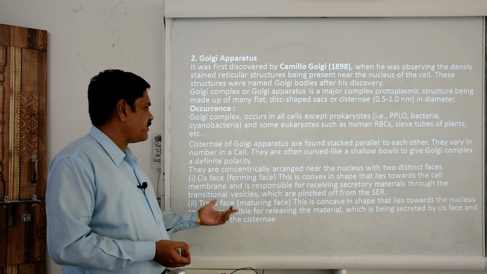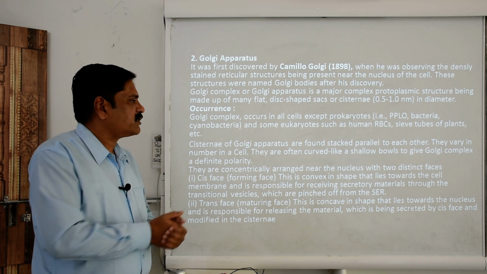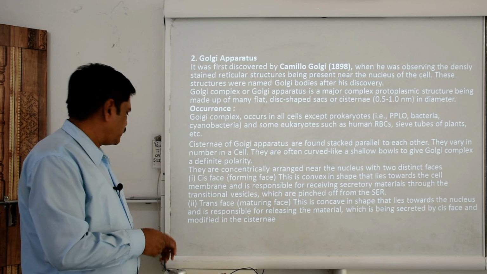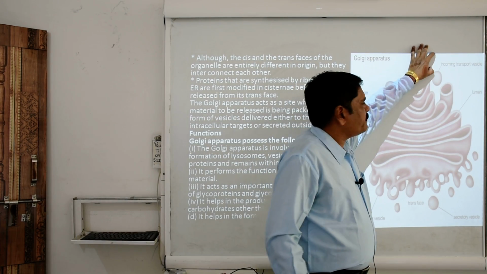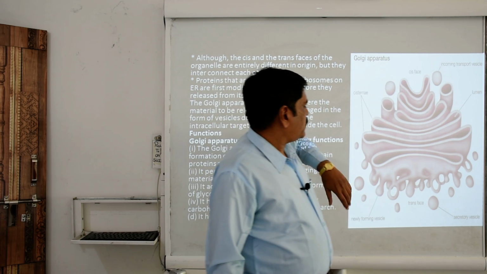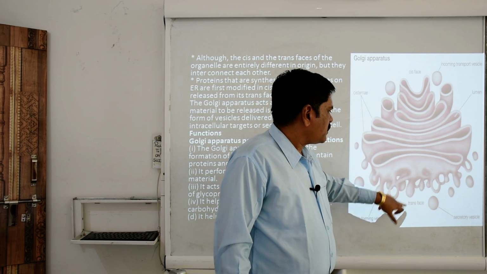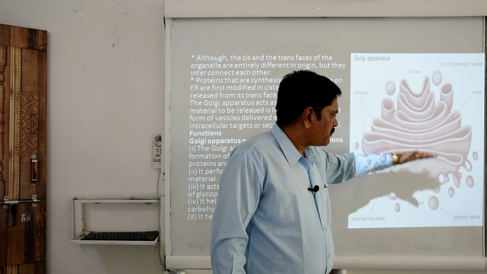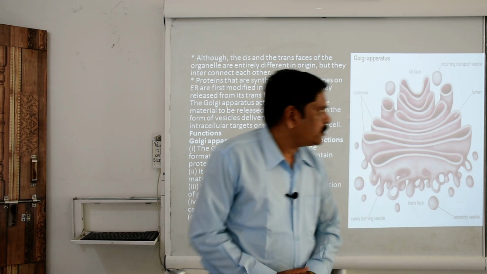And what is the trans face? It is the matured face, and it is concave in shape towards the nucleus. Okay, so if you observe this diagram, suppose that here is the nucleus, then this is the cis face, concave, and this is the trans face, convex in nature. That means it is toward the peripheral end, and this toward the nucleus end.